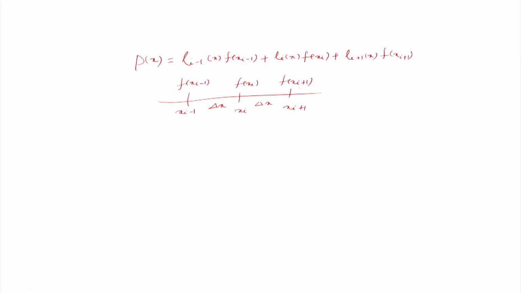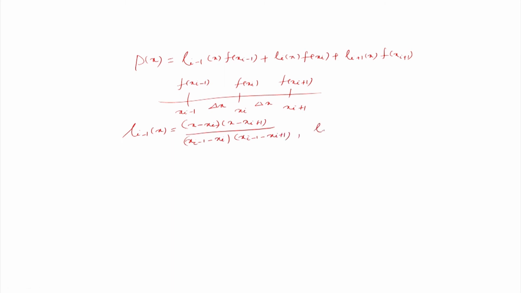Li minus 1 of x can be written as (x minus xi) (x minus xi plus 1) divided by (xi minus 1 minus xi) (xi minus 1 minus xi plus 1).